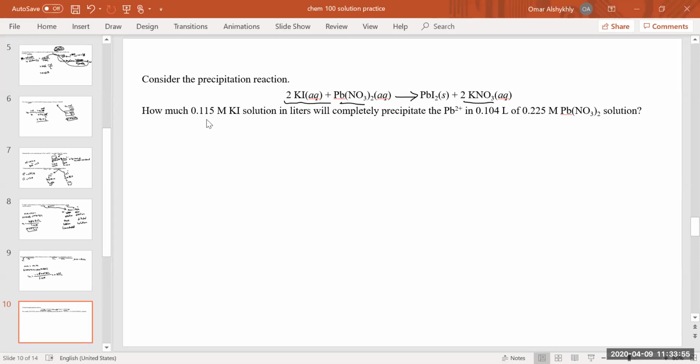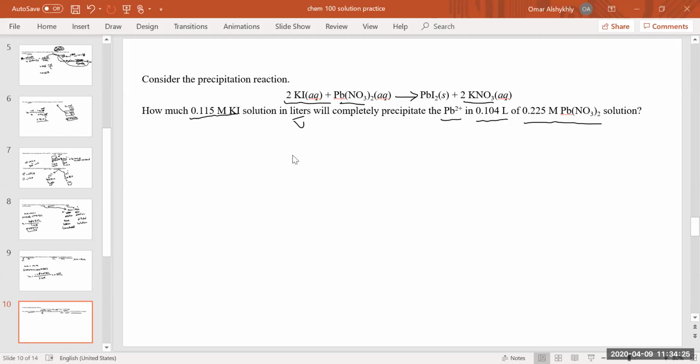How much 0.115 molar KI solution, in liters as they are asking for a volume, will completely precipitate the Pb2+ in 0.104 liter of 0.225 molar Pb(NO3)2 solution?